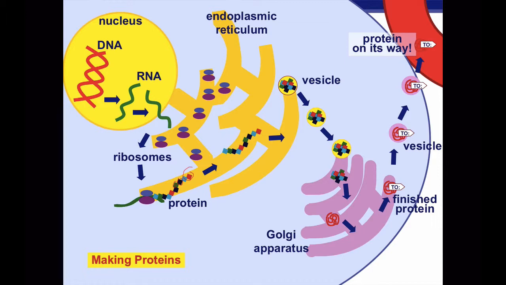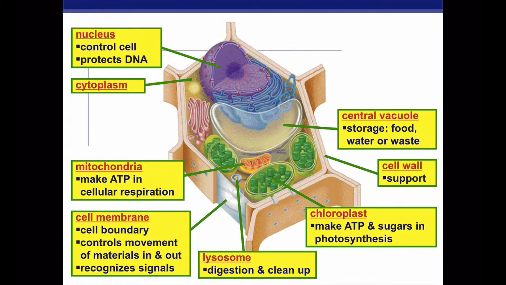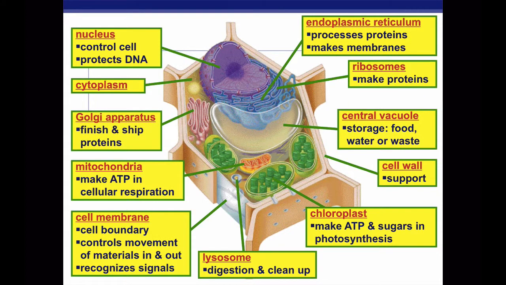The protein's on its way. Here's another chart, and if you want to pause this, you can and look at it more closely. This goes exactly over what we just went over. So we talked about the nucleus, the endoplasmic reticulum, ribosomes, and the Golgi apparatus.